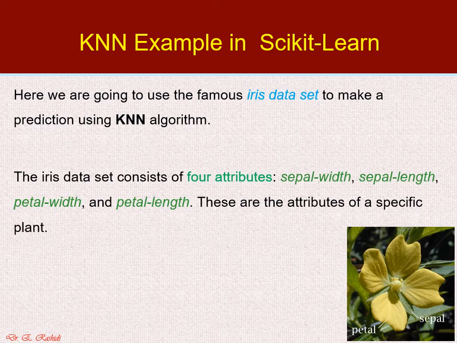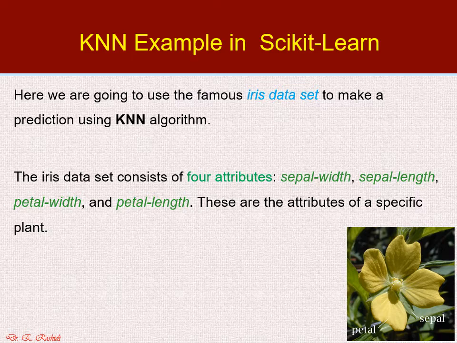And as we said, we have four attributes: the width of the sepal, the length of the sepal, and the width and the length of the petal, or the flower part. These four attributes are very specific to plants.